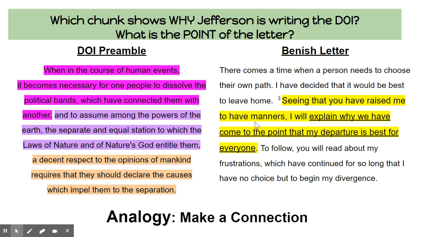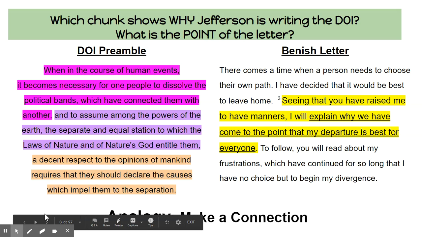So, of the chunks we studied, chunk 1, chunk 2, and chunk 3, which one of these most clearly explains why Jefferson is writing the DOI? So, if you had to compare these chunks, which one matches best with Benish's highlighted yellow, right?